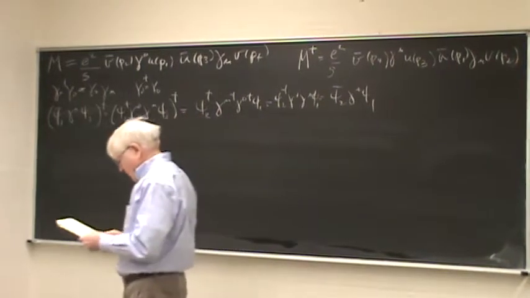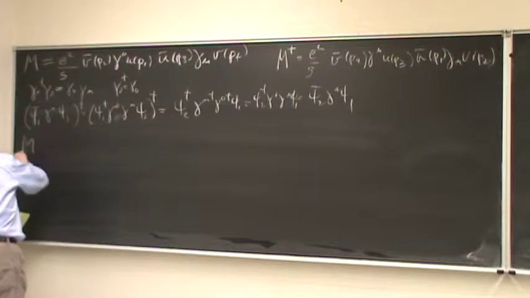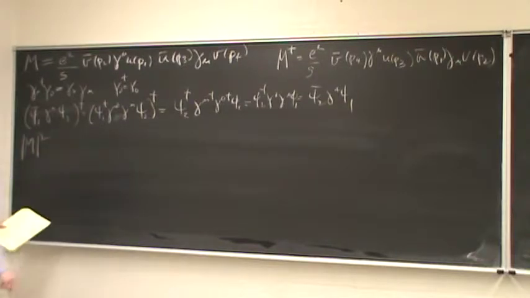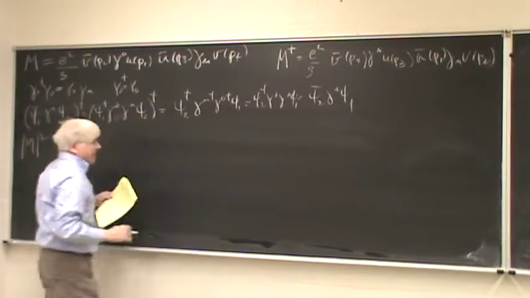Okay. And so the absolute value squared, which is what we need, by the way, this thing is a number, okay? This is a complex number.